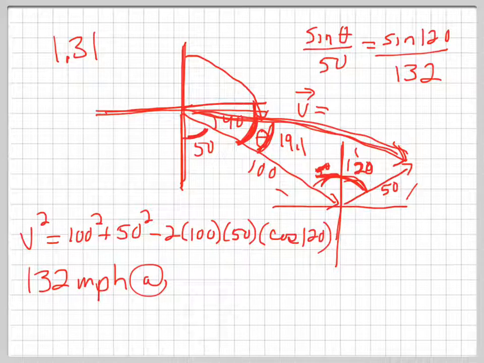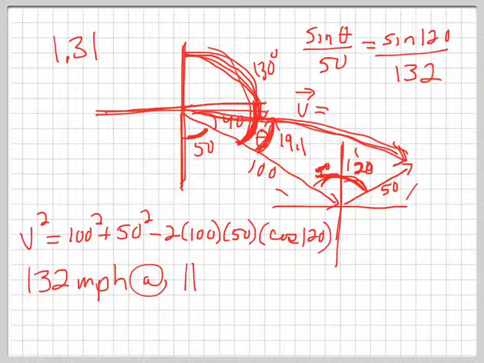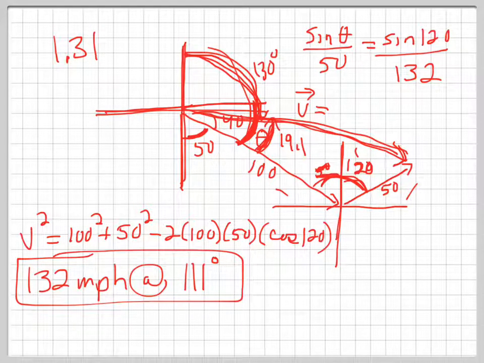I know this is a 90 plus 40. So this is 130 all the way down to here, right? 130 degrees. So I can take 130 minus the 19.1, and I'd have it, right? 130 minus 19.1, and I get 111 degrees from north. 132 miles per hour at 111 degrees from north.